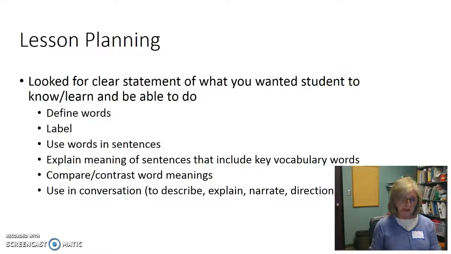The other way a lesson objective might be is that you want the students to label or name using the vocabulary. So naming can be expressive, through speech, through sign, and it can be associated with pictures or words.